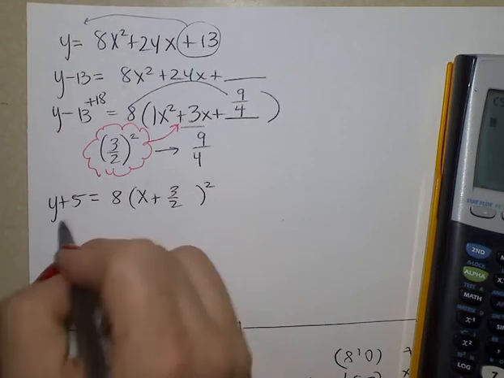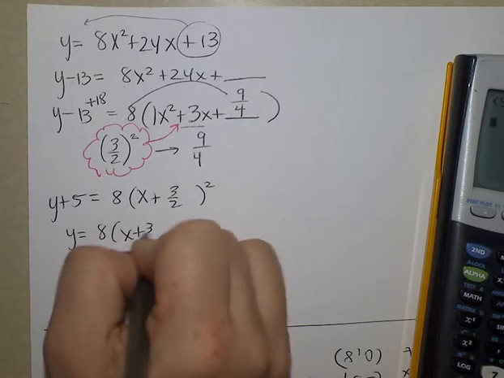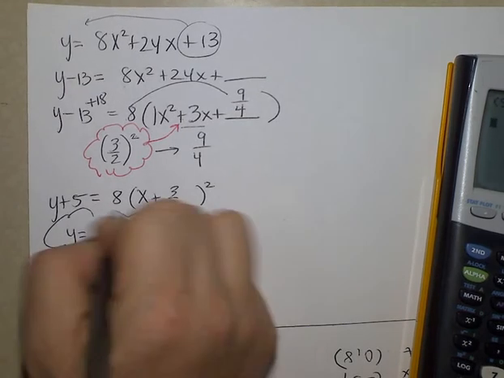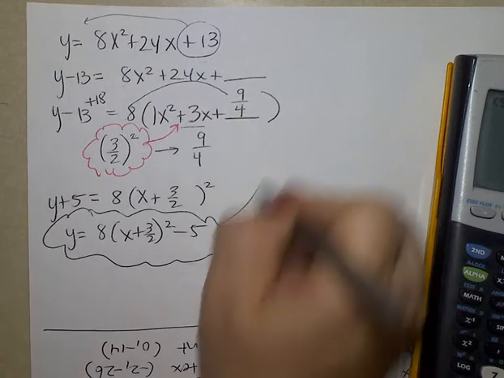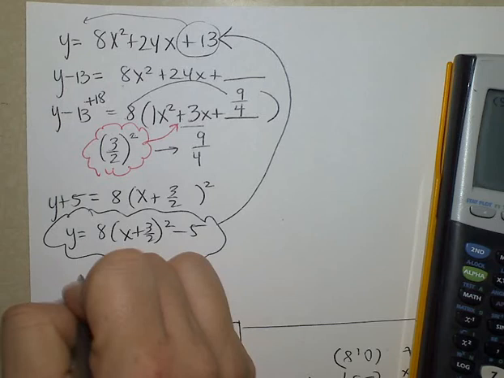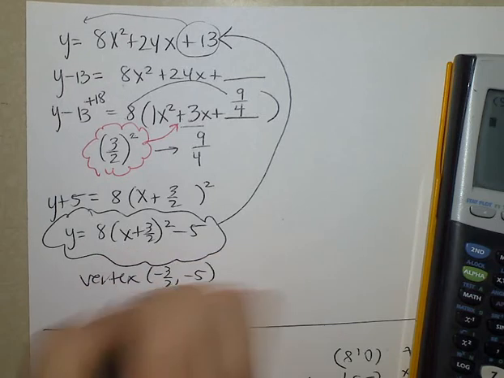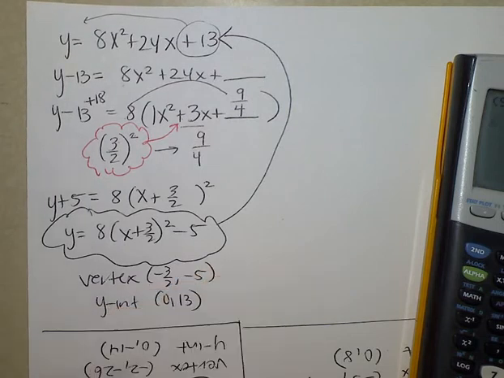I'll move 5 to the opposite side. When it moves across the equal sign, it does change signs. This is the vertex form of this equation. The vertex is -3/2 and -5, and the y-intercept is 0, 13.